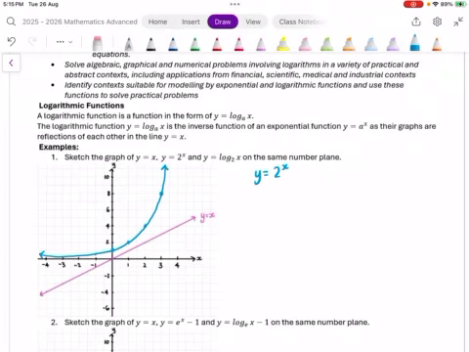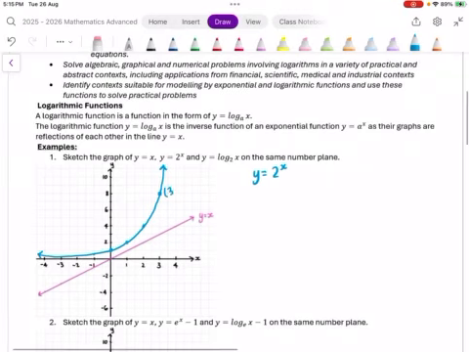We're going to put our coordinates at all of those points and write them on. The reason why we're going to write them on is because we have an inverse function. So with our inverse function, our exponential is going to be reflected in the line y equals x to get our logarithmic function.